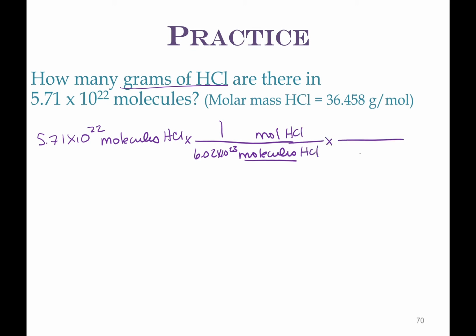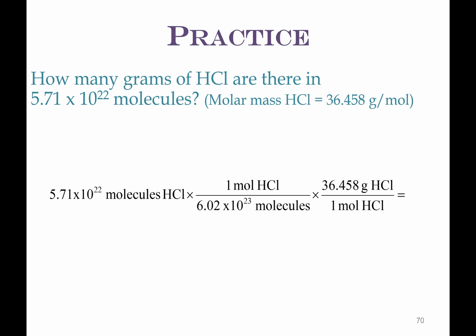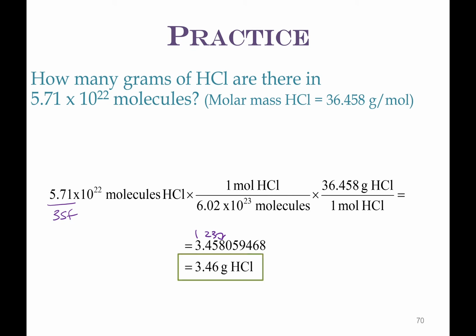And for every 1 mole of HCl, it has a mass of 36.458 grams of HCl. Rarely will I give you a molar mass, so just to home that point. I'm going to erase this. End up with 3.458059468. 3 significant figures: 1, 2, 3. 1 to the right for rounding gives me 3.46 grams of hydrochloric acid as my answer.